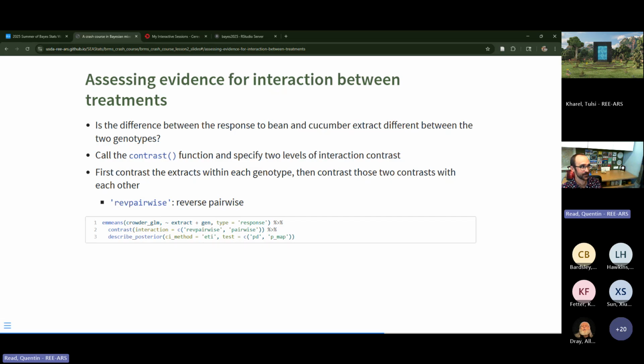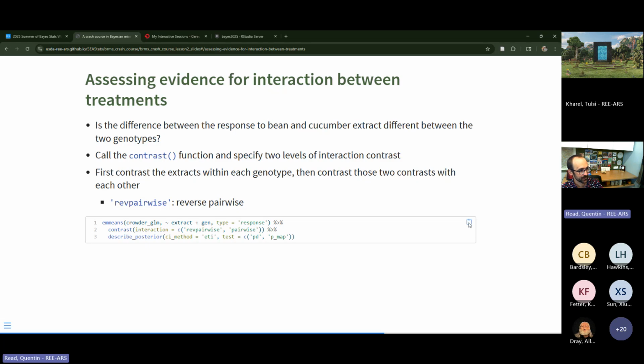Are those two different? Is the difference between the extracts bigger for one genotype than another? And this code allows you to do that. It's the interaction contrast, because we're looking at basically a contrast of contrasts, the ratio of two odds ratios. And you can do this and then get a p-value and a credible interval for that as well.